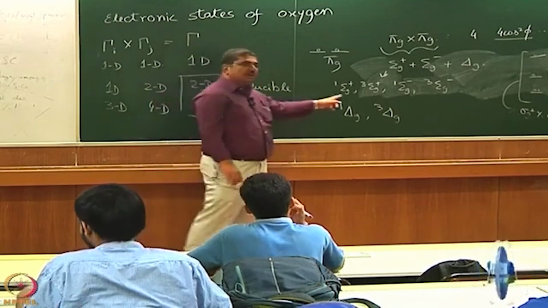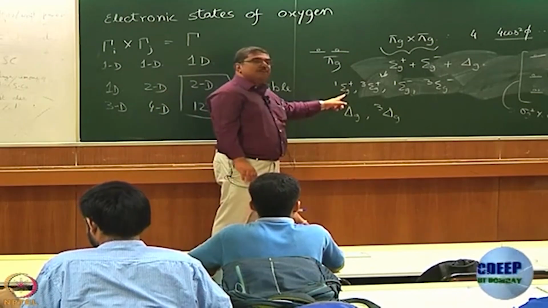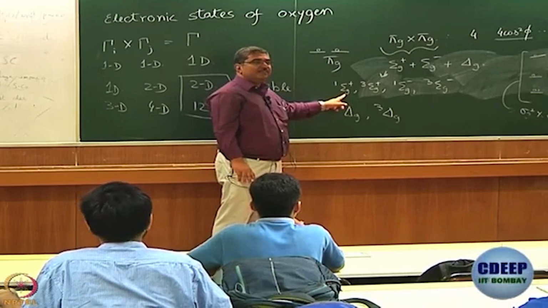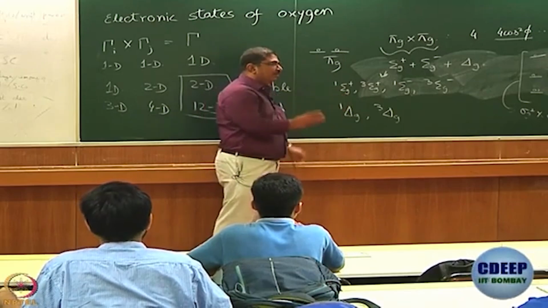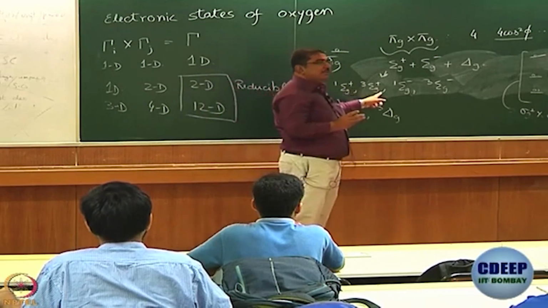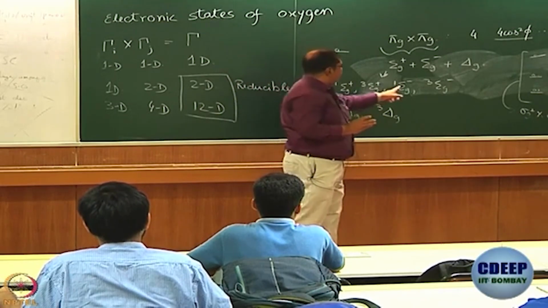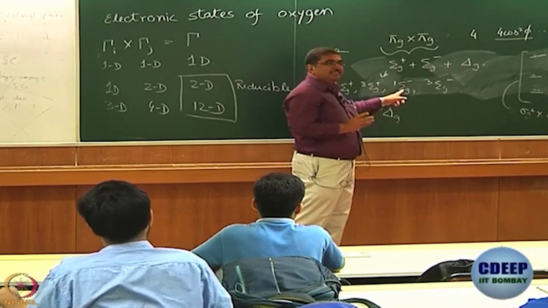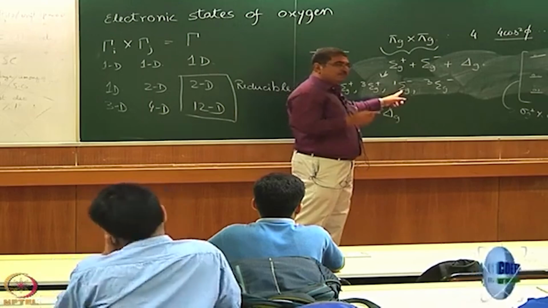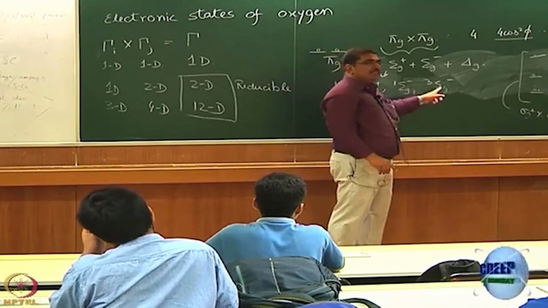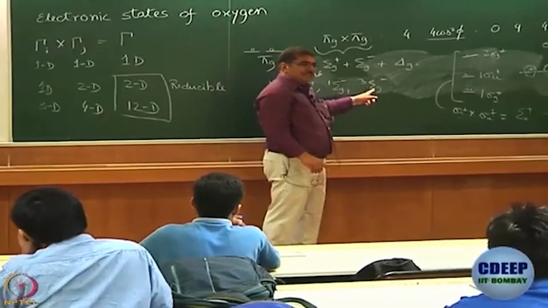Okay. So, let us now count. Singlet sigma g plus, how many states is that? 1. So, let us count 1. Triplet sigma g plus, how many states? 3. So, 1 plus 3, 4. Singlet sigma g minus, how many states? 4 plus 1, 5. Triplet sigma g minus 8.